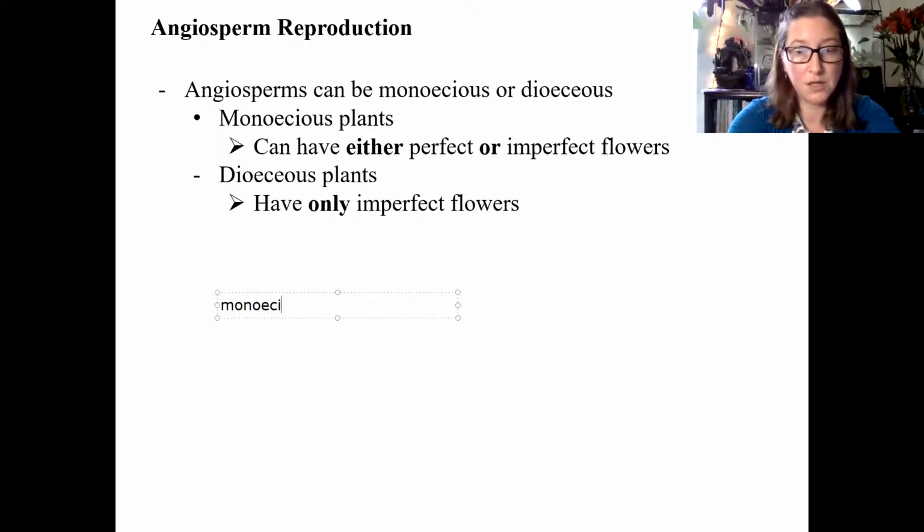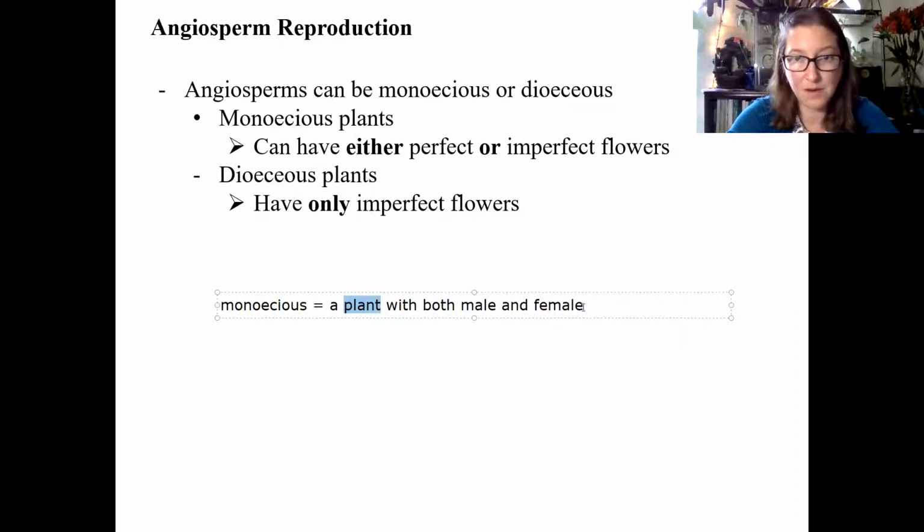Monoecious is a plant with both male and female sex structures.